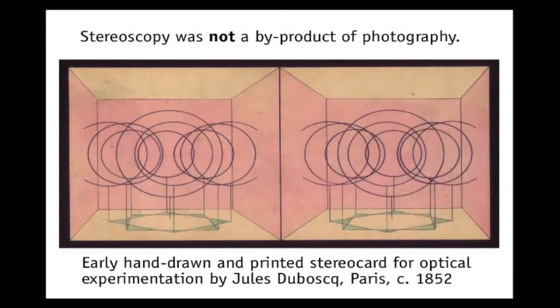And so I mentioned already that this was demonstrated by drawings, something like this from my collection. It's a very early stereoscopic card from Jules Duboscq, the famous optical instrument maker and inventor from Paris, where you can actually see this in 3D if you manage to do what's often known as free viewing.